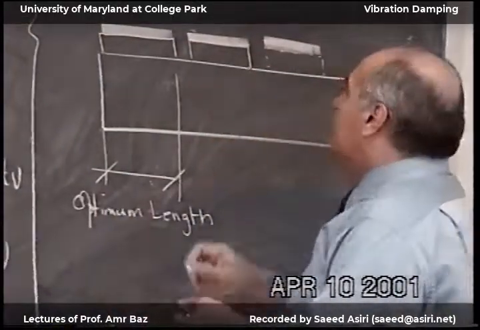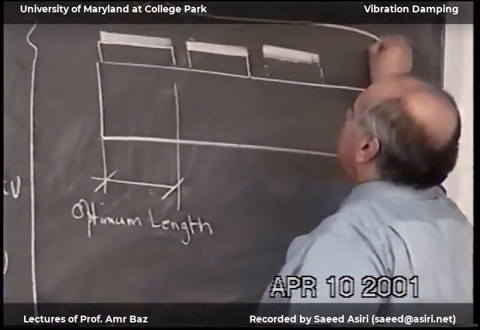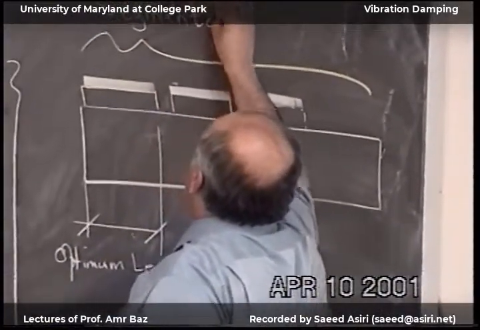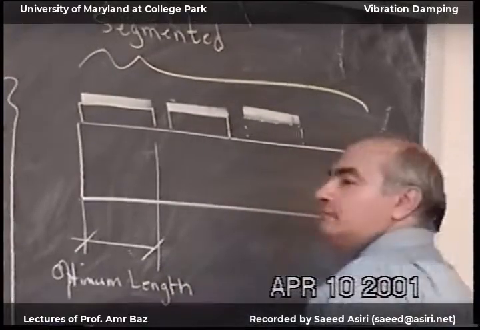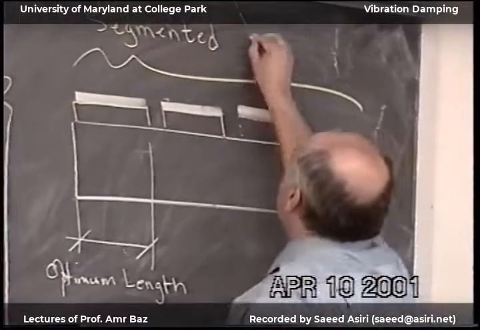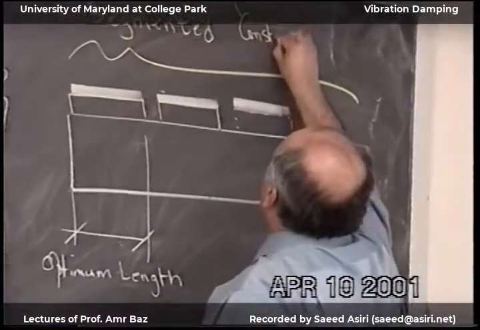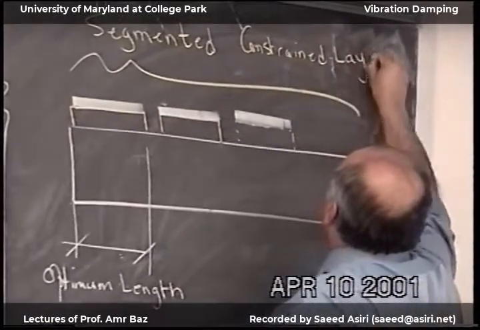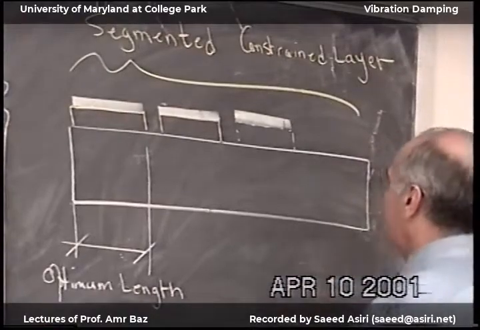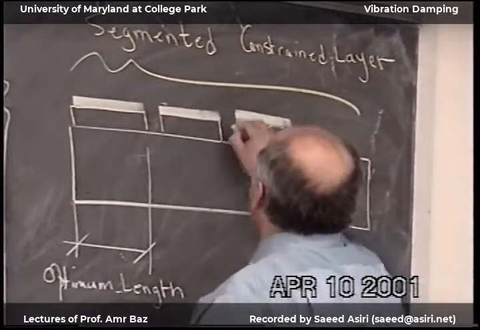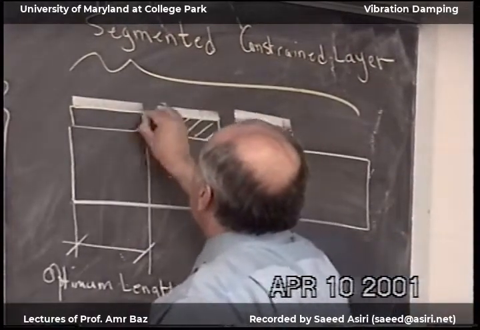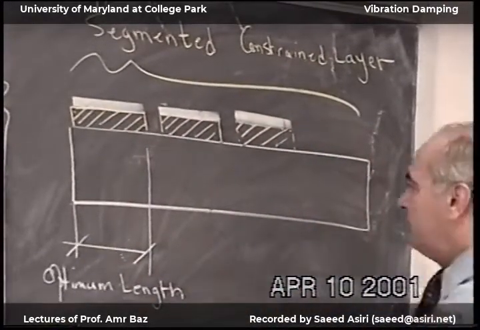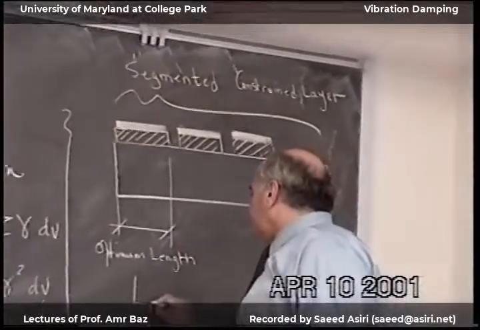And this is called segmented constrained layer damping. Okay, so this is the L optimum that we like to determine.